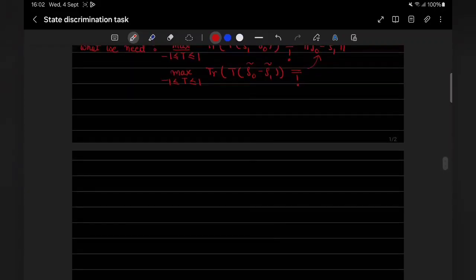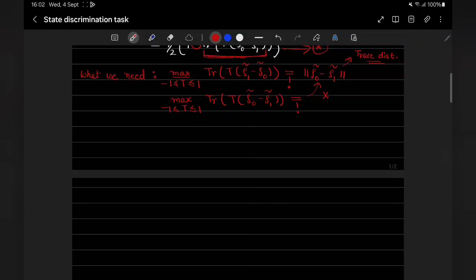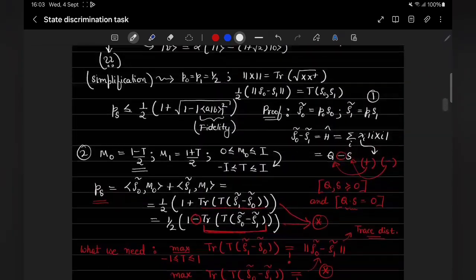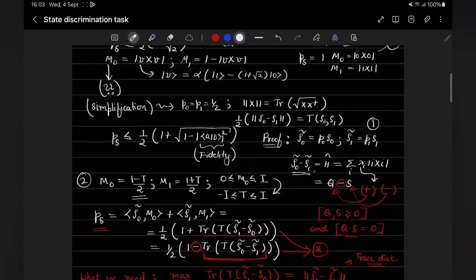So here I have these expressions and I'm going to prove them. So let's prove them. So this is the step 3, part 3. So here rho 0 tilde minus rho 1 tilde is equal to trace of Q plus trace of S. So remember that rho 0 minus rho 1 was Q minus S. But now what I am doing is I am taking the norm basically.